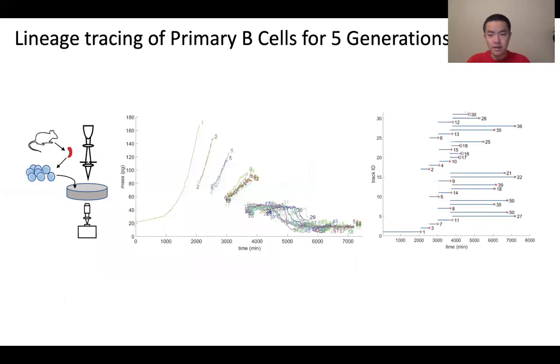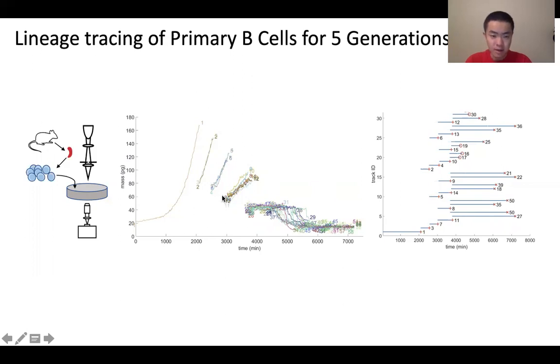We can apply the same data processing method even to the primary B cells, where in this case we are imaging primary B cells from a mouse, which are extracted from the spleen based on a known protocol. We can generate the mass growth profile of the proliferation of primary B cells.